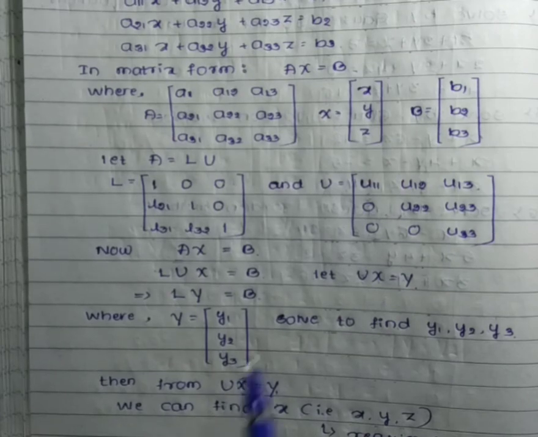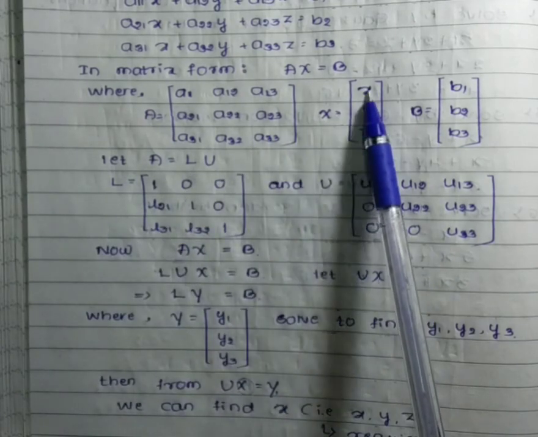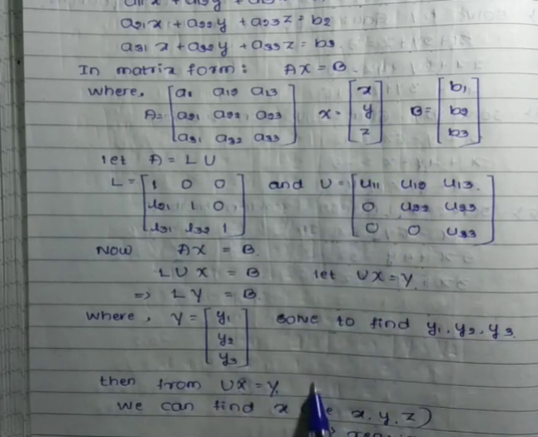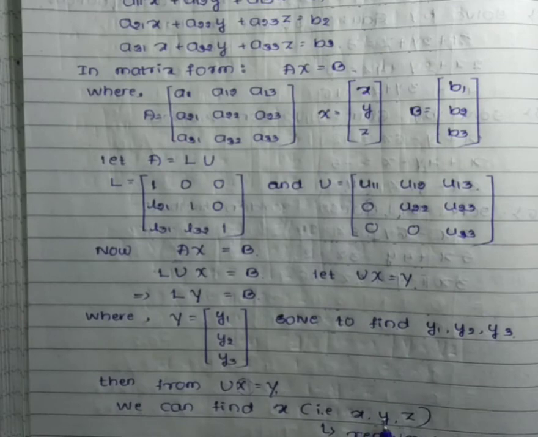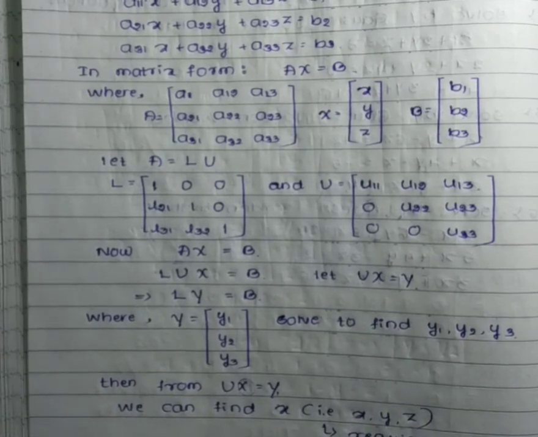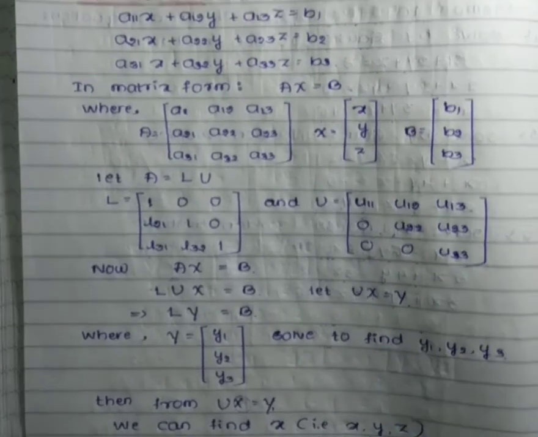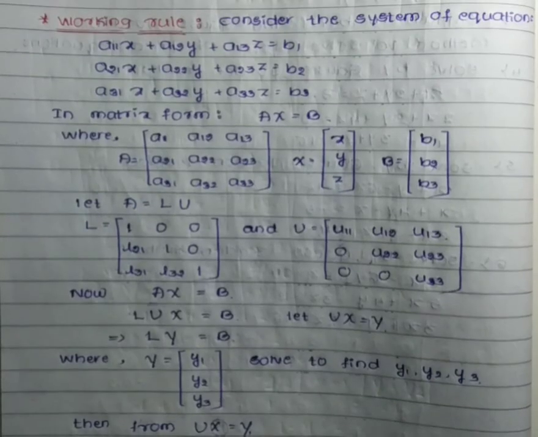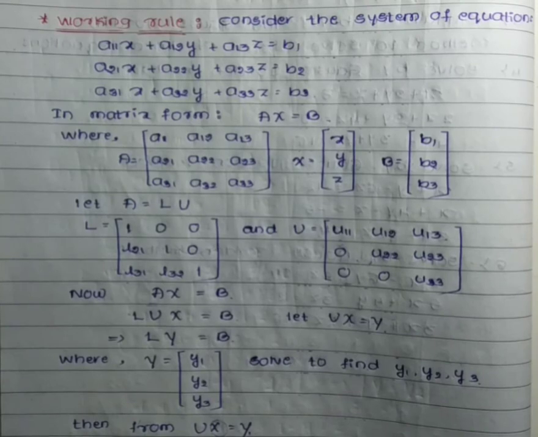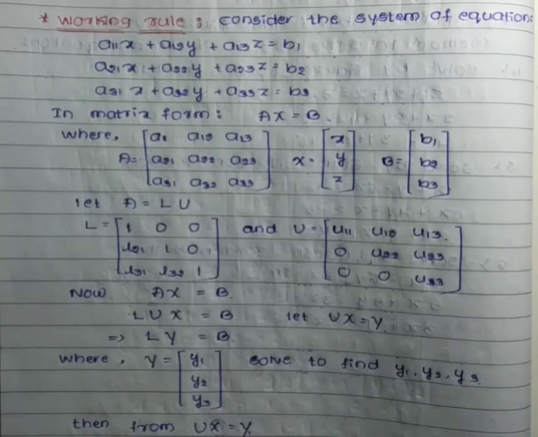Here X represents the matrix with variables x, y, z. When we simplify this equation, easily we'll get the values of x, y, z, which are the required solution. So this is about the LU decomposition method working rule. In the next video, we'll discuss an example based on the LU decomposition method.